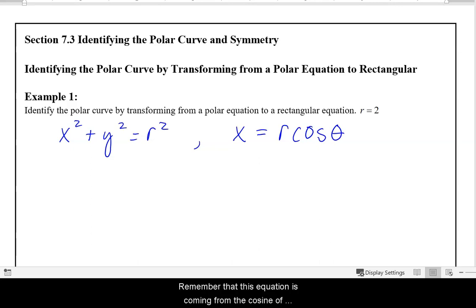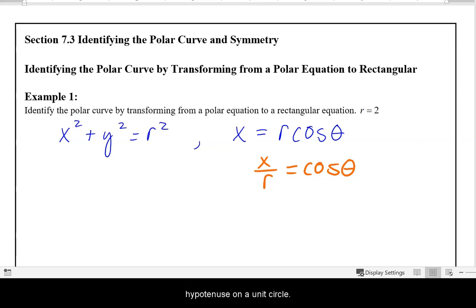Remember that this equation is coming from the cosine of theta being defined as the adjacent side over the hypotenuse on a unit circle. Our circles are no longer necessarily radius 1, so we have to use r for the denominator.